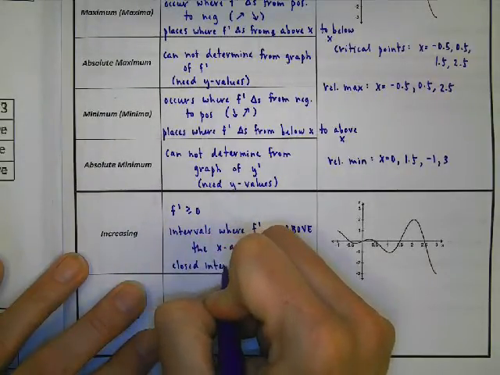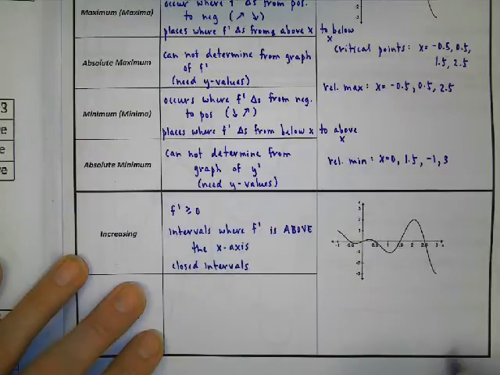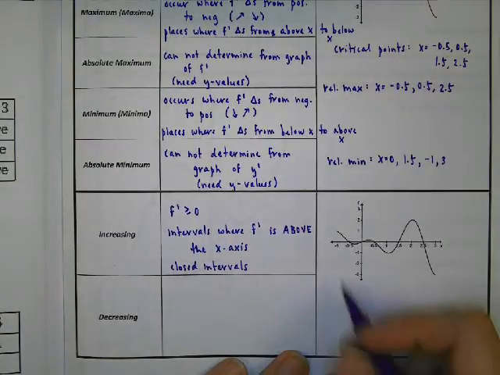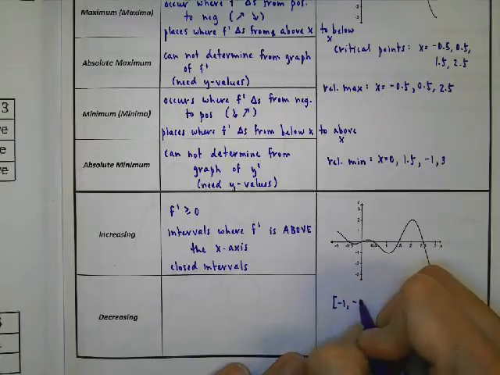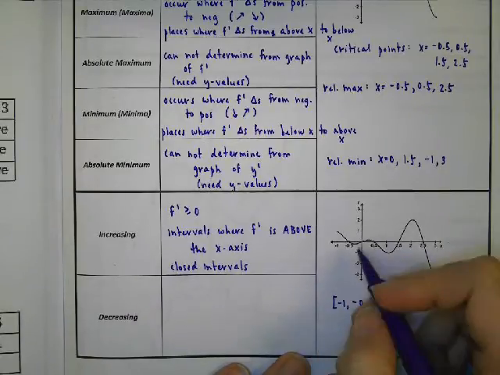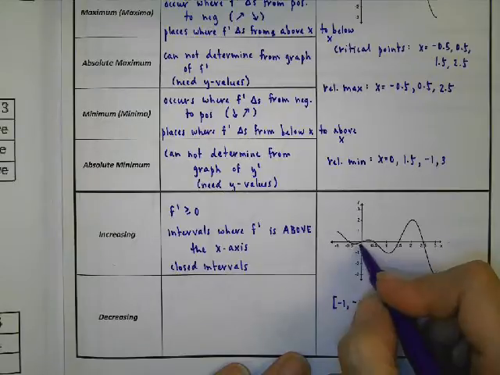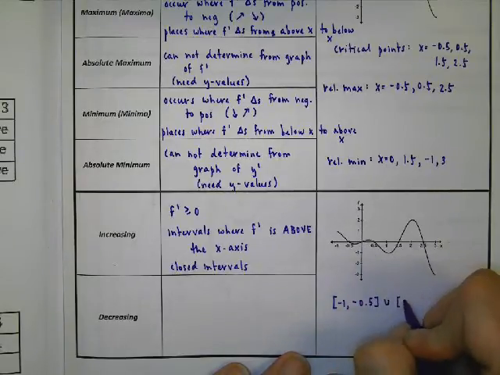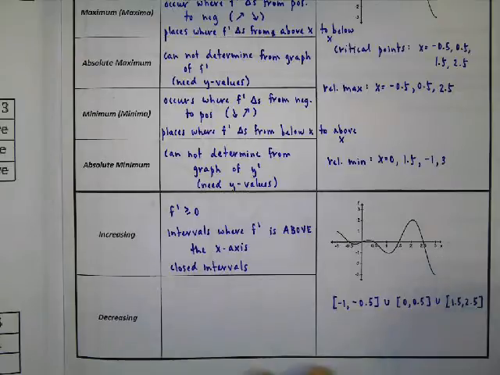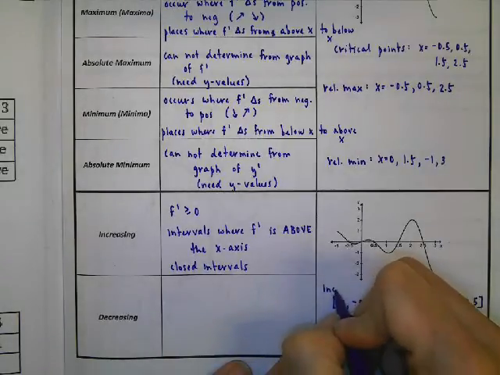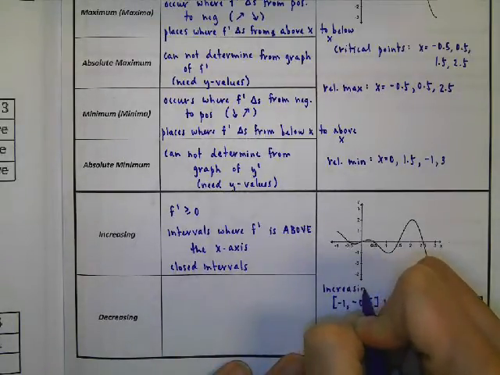That hasn't changed. So if I look where I'm above, I'm going to be from -1 to -0.5. I'm above again from 0 to 0.5. And then I'm above from 1.5 to 2.5. Again, that's where I'm increasing.